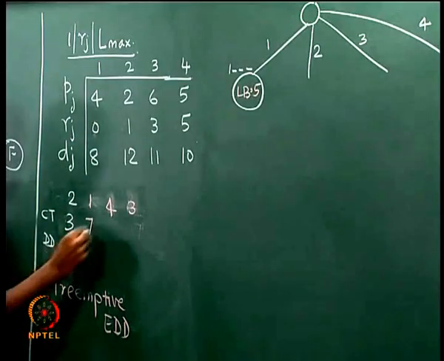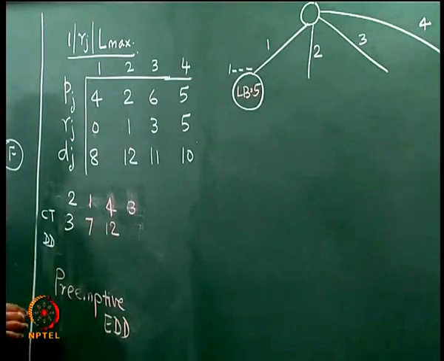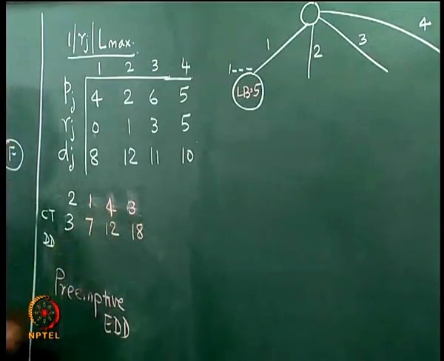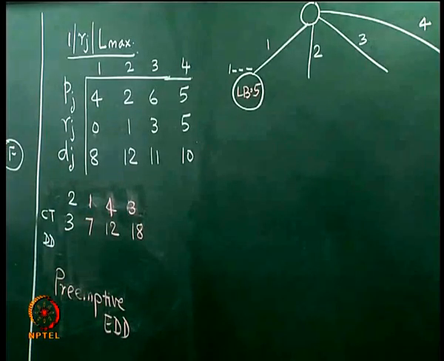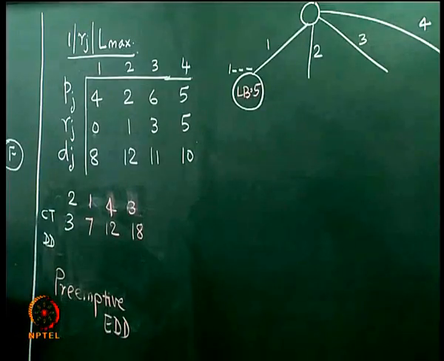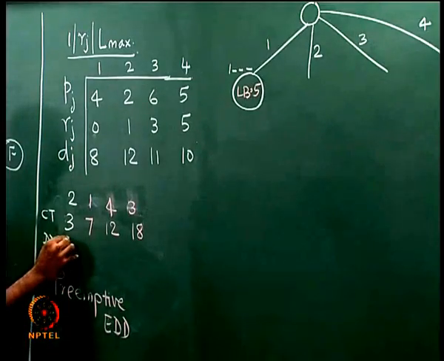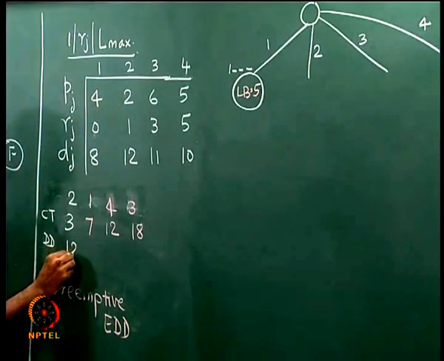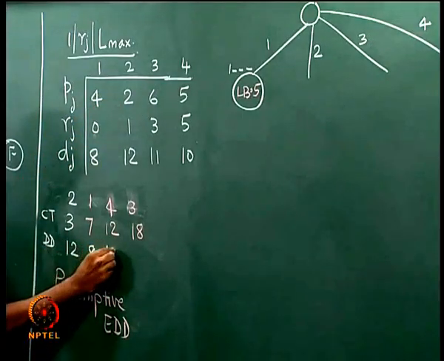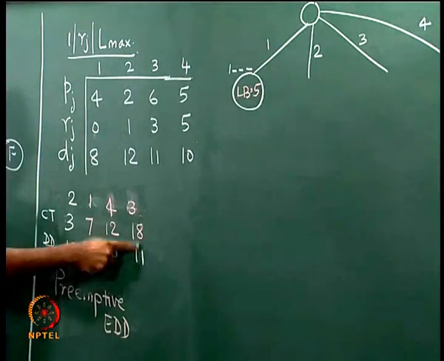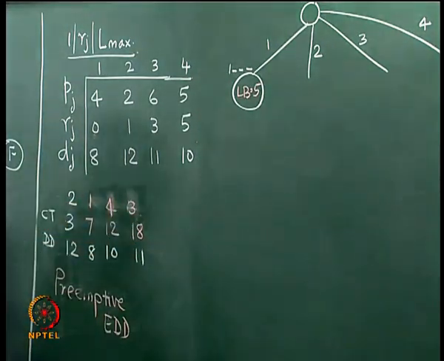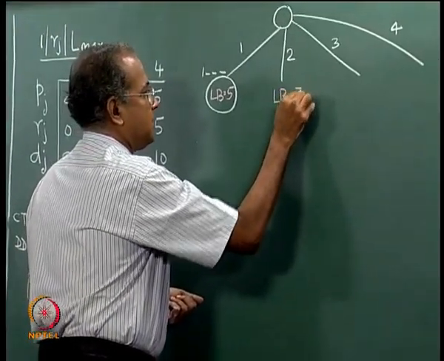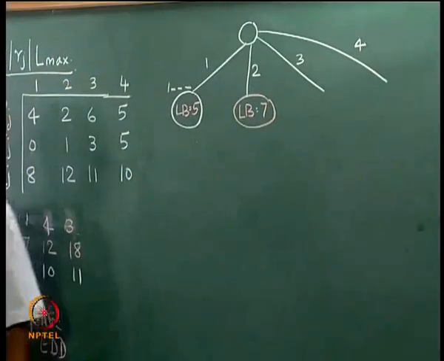At 7 job 4 is available, so this will be at 12, and at 12 job 3 is available, so this will be at 18. Now the due dates are 12 for this, 8, 10 and 11. So this is going to contribute to L max, so L max is equal to 7, so lower bound is equal to 7.